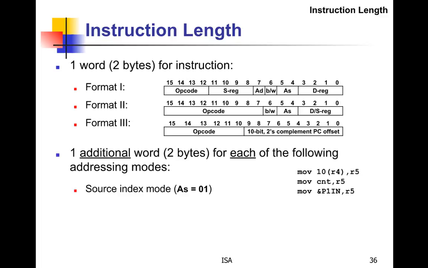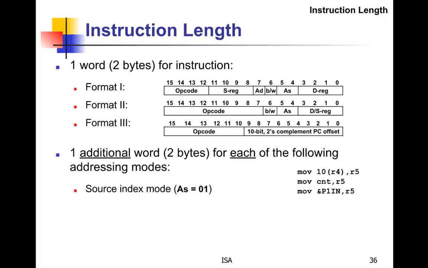1 additional word, that's 2 bytes, for each of the following addressing modes. So if you do a move, and you do 10(R4), so that would be whatever address is in R4, you add that to 10 to get the place where you're grabbing data, and you're moving that into R5.